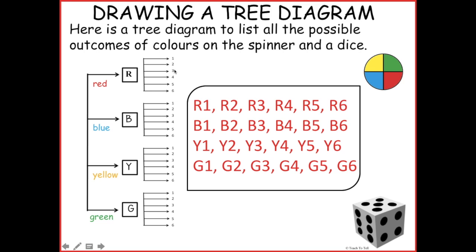So you can count up all of the ends of the branches, or as you've listed them out, and you will end up with 24 possible outcomes. I like to personally count up the edges of the branches. In this case, you can go 6 times 4 to get 24.